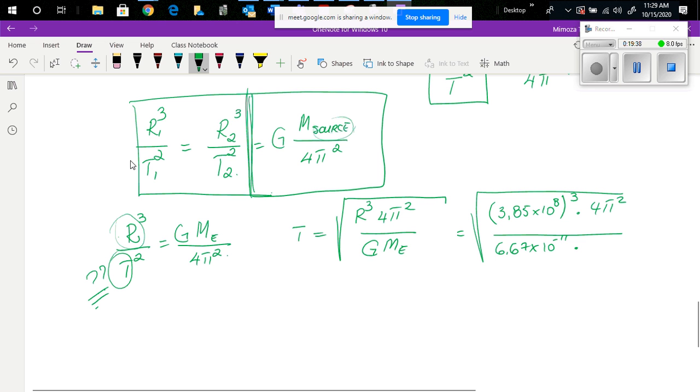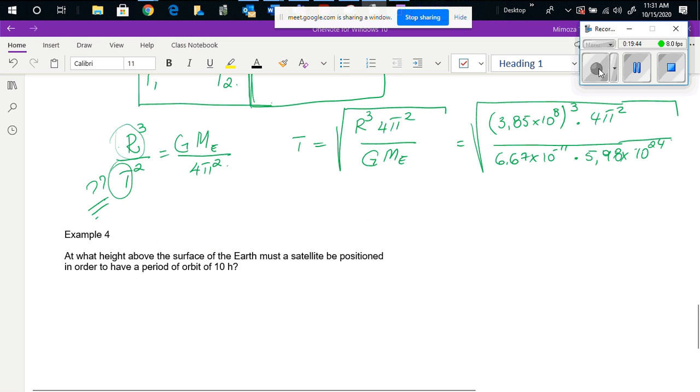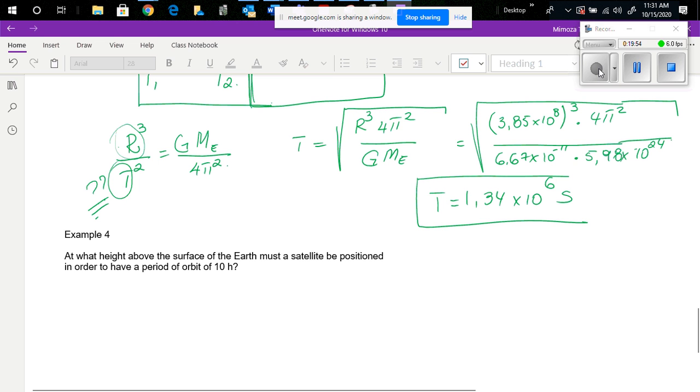Find that in your data booklet, 5 point something. So the period will be 1.34 times 10 to the power of 6, and this is in seconds. And if it is needed to say in days or hours, then you convert that further.